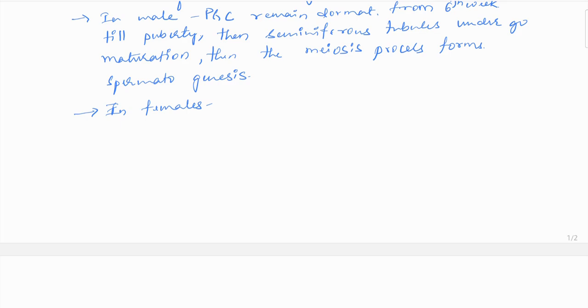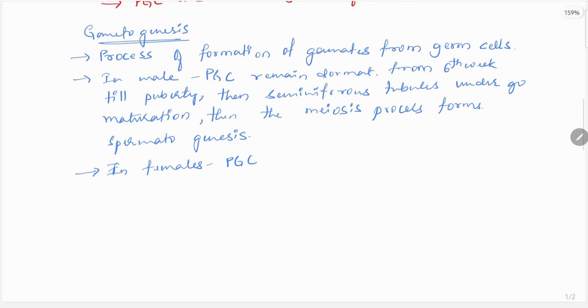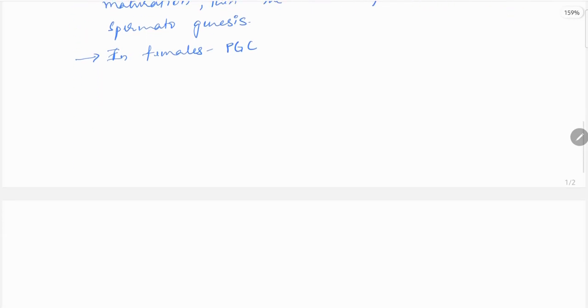So what do we write in female? PGCs differentiate to oogonia, in the fifth month.